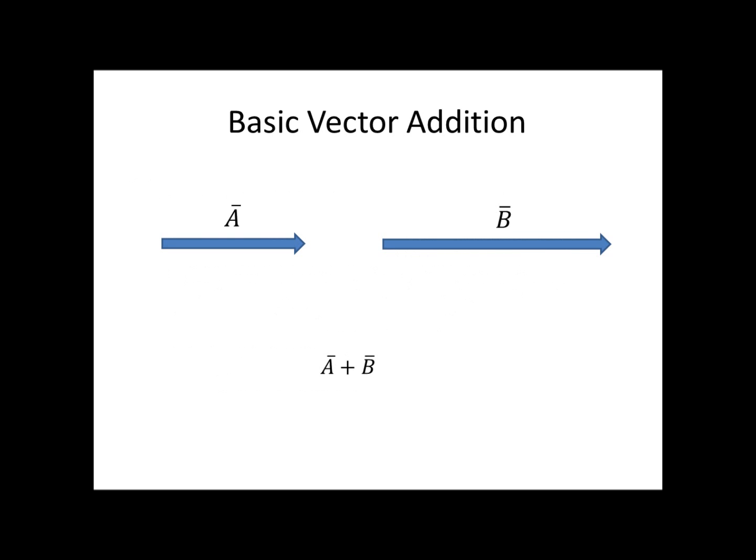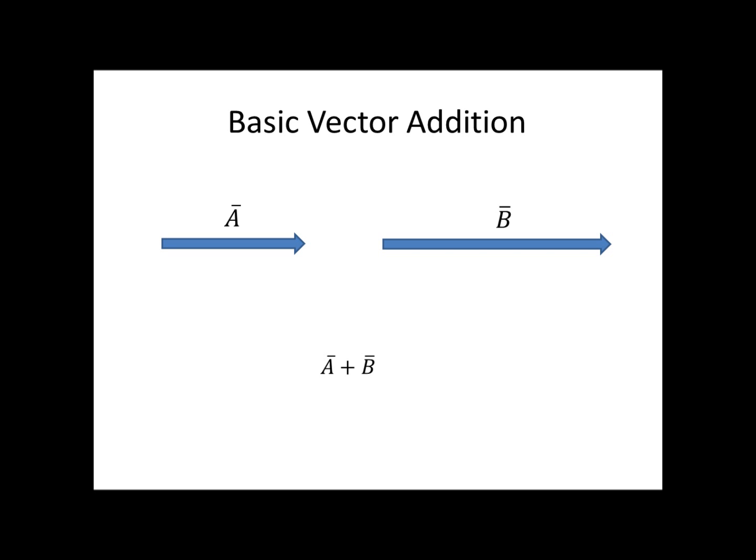Let's talk about some basic vector addition. Now this is really as simple as it gets. It's going to get much more complicated later. I have vector A and vector B on the screen. They both point to the right. They have different magnitudes represented by the different lengths of the arrows. Notice the bars over the letters A and B. Those bars mean that it's a vector.